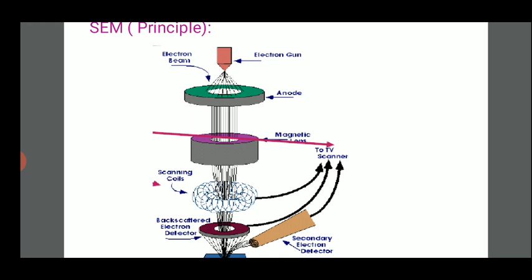The surface structure of polymer composites, polymer nanocomposites, fracture surfaces, nanofibers, nanoparticles, and nano coatings can be imaged through this scanning electron microscope. So these are the applications of the scanning electron microscope.